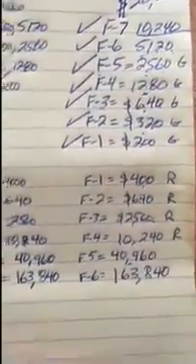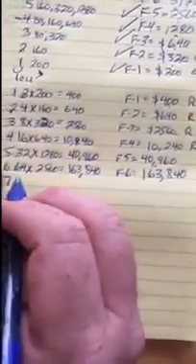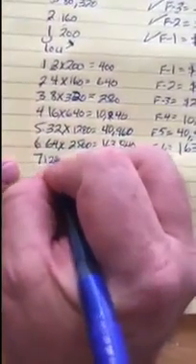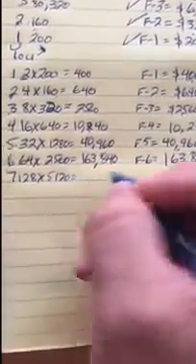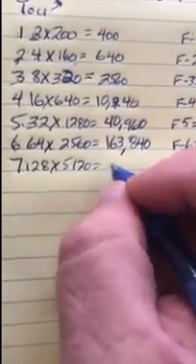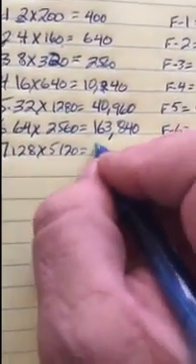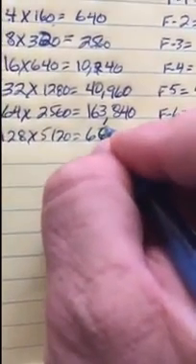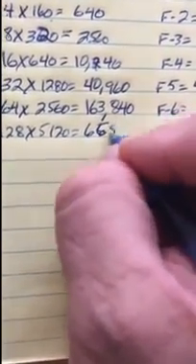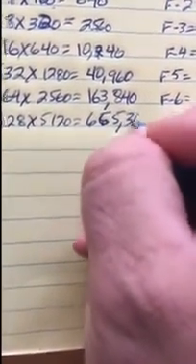And now let's go down here and take the 2 by 2 by 2, 64 times 2 is 128 people, times the target price of 5120 equals, get this, and this is crazy, I know, 655,360.